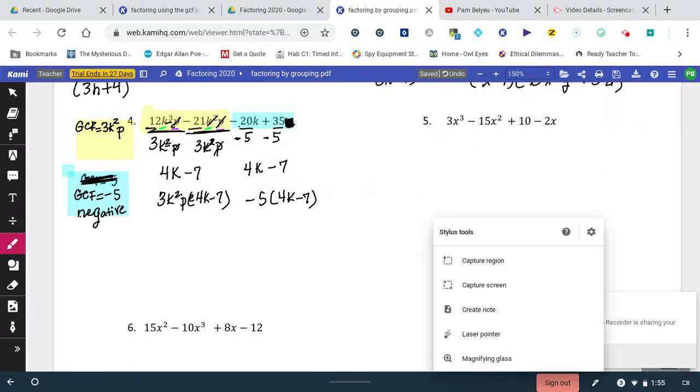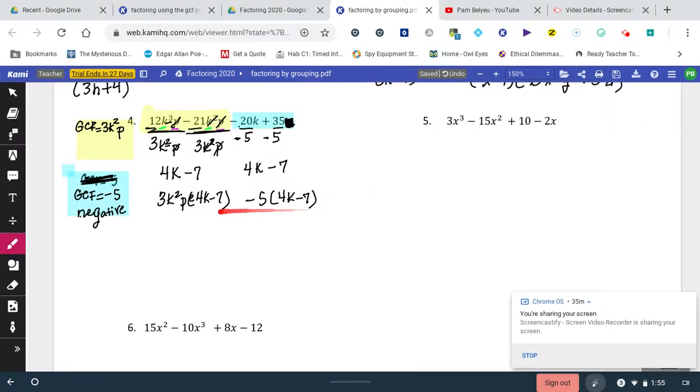Now you should see a common binomial factor without having to change anything to its opposite, because you actually made your GCF negative, since that leading coefficient right here was negative. That's a negative 20. So you see a 4k minus 7 here and a 4k minus 7 there. That is my common binomial factor. The common binomial factor is 4k minus 7.